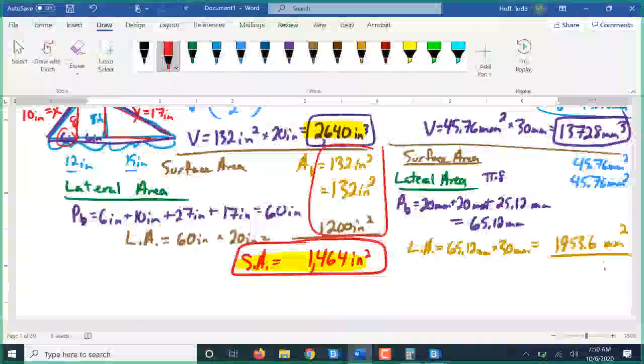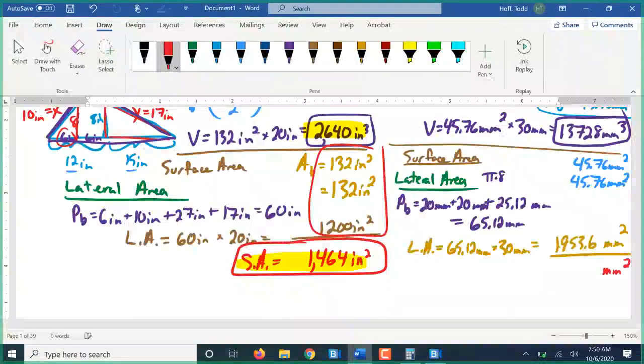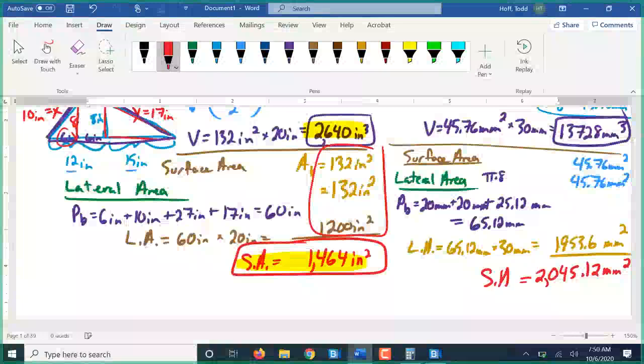So we'll add these up. 2,045.12 millimeters squared is our total surface area.